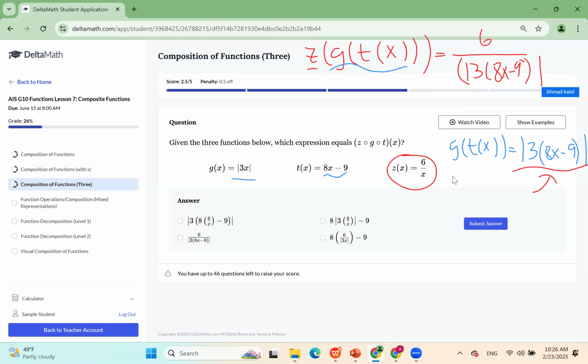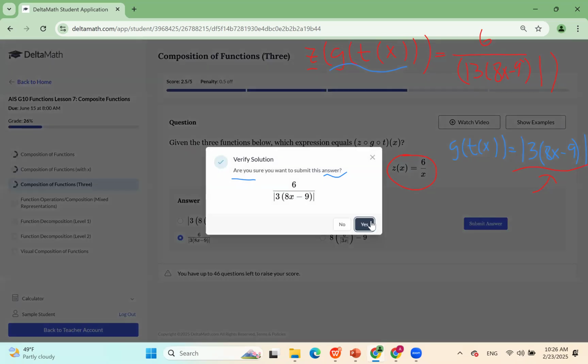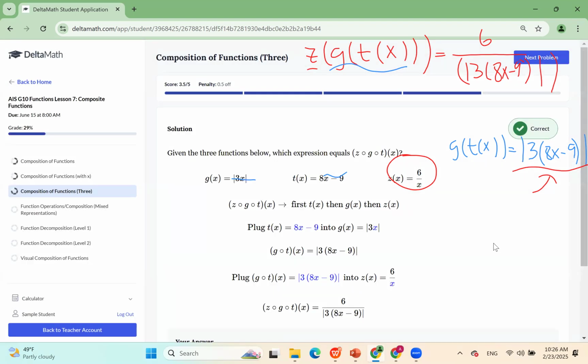And we have an absolute value outside and a bracket all the way out. So this is equivalent to 6 over 3, 8x minus 9. And this is the correct answer as well.